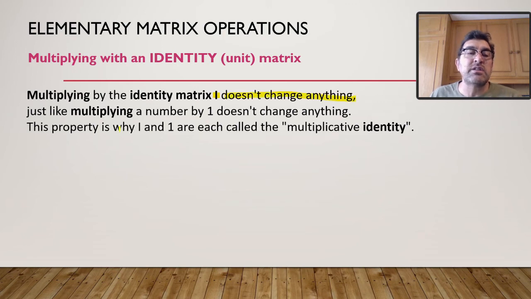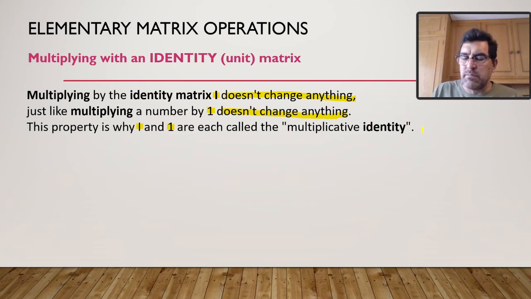Very important. Just like multiplying with the number 1 doesn't change anything. So the property is that I and 1 are each other's multiplicative identities.